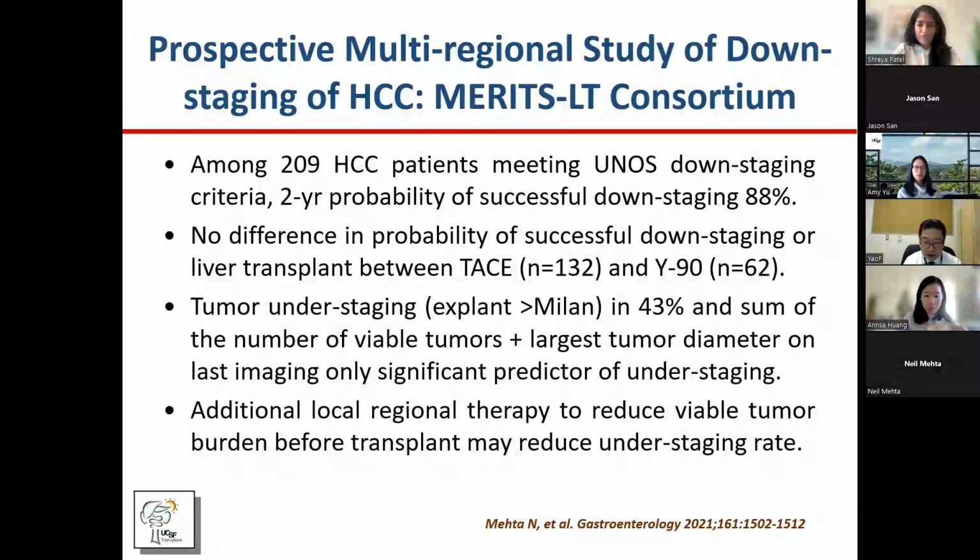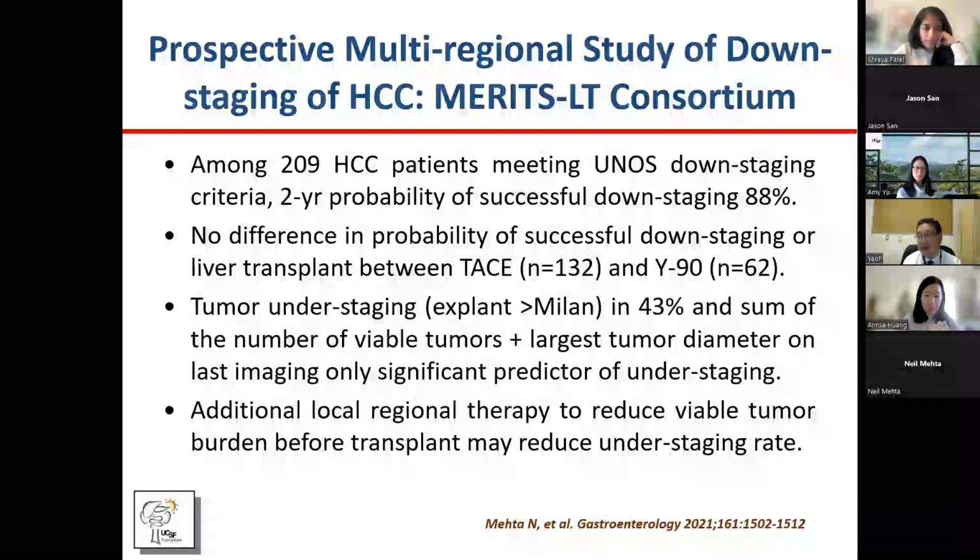So in the first publication from the FAASLD Consortium, a total of 209 patients meeting the UNOS downstaging criteria were analyzed, and we see that the 2-year probability of successful downstaging is actually very good, close to 90%.